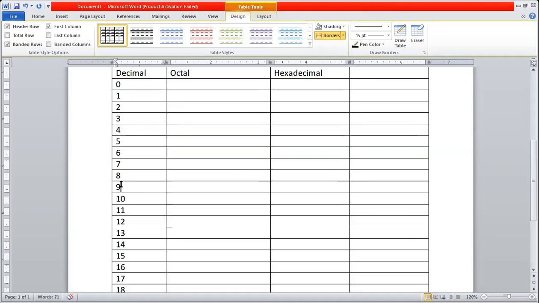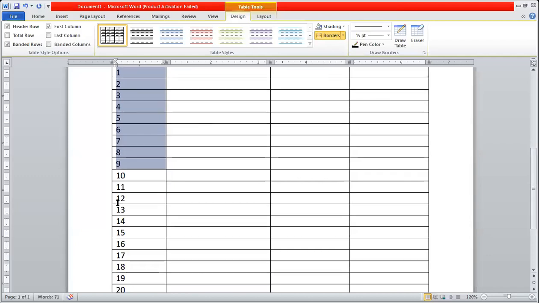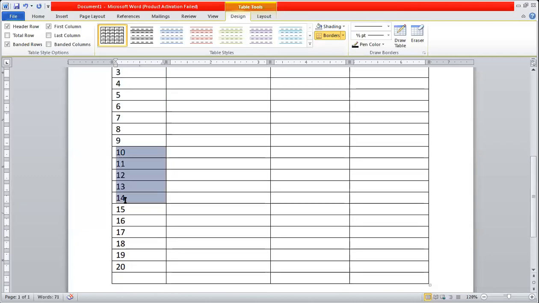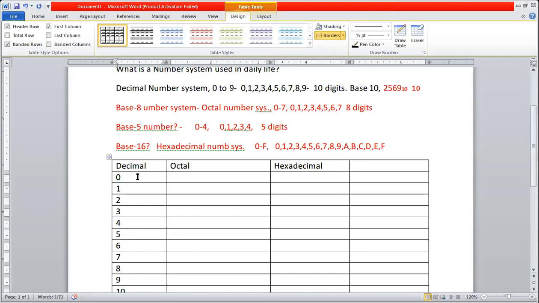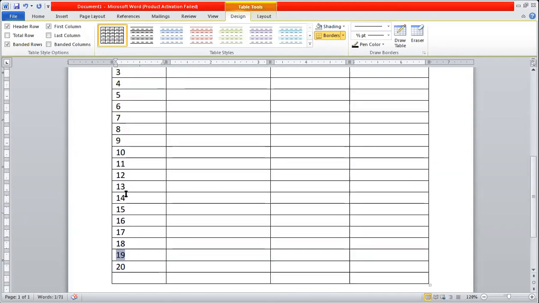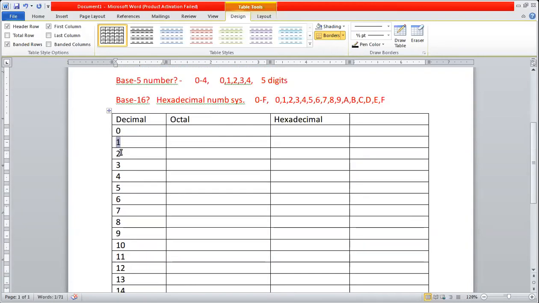Only 0 to 9 are going to be repeated here to represent the next number. Okay, so after 19, we don't have another digit. That is why we are leaving 1 and we are taking 2. We are combining the 2 with all the other digits 0 to 9.